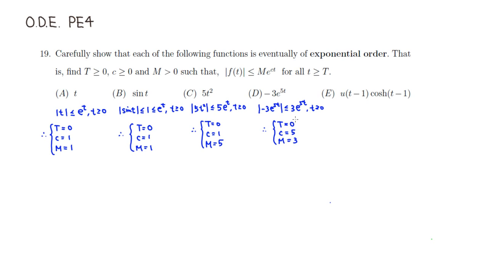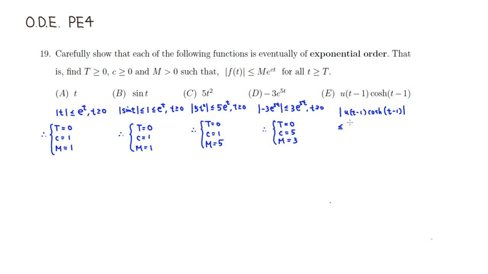All right, then the last one. We have a little bit of shifting here: u of t minus 1 times the hyperbolic cosine of t minus 1. This can be bounded by, I can throw away u of t minus 1 because it's either 0 or 1.